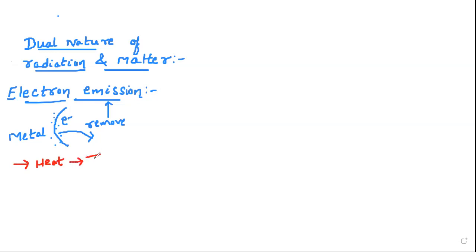That phenomenon we call thermionic emission. So what is thermionic emission? In thermionic emission, we take out the electrons from the metal surface by giving heat energy.